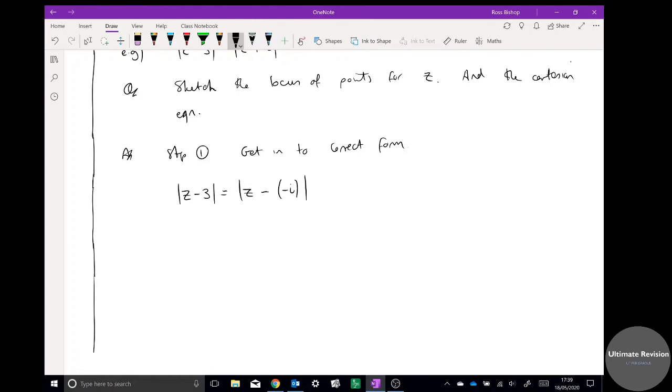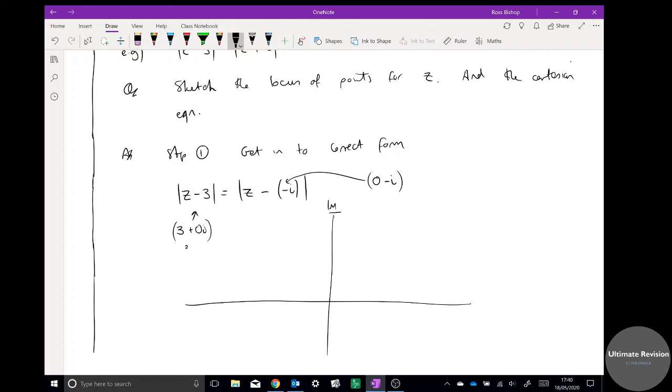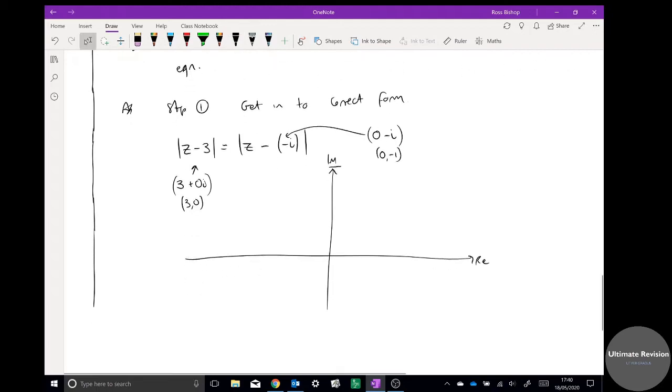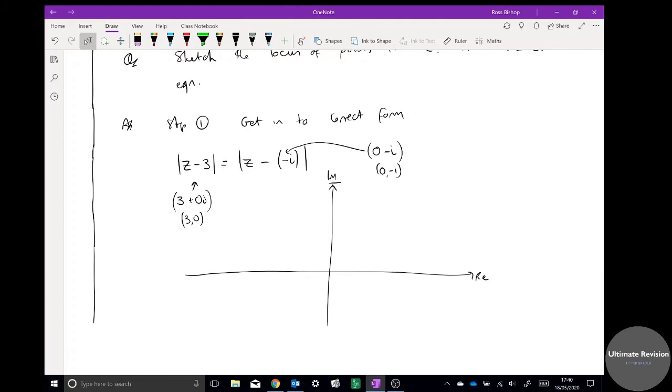Now, if I've got it in that form, I now know that the point of interest here is 3 plus 0i, okay, and the point of interest here is 0 minus I, okay. In reality, this is sort of like a coordinate 3, 0. This is sort of like a coordinate 0, minus 1. Yeah. They're the 2 points that the line is then equal distance from. So let's plot those 2 points in. 3, 0. And here, 0, minus 1.